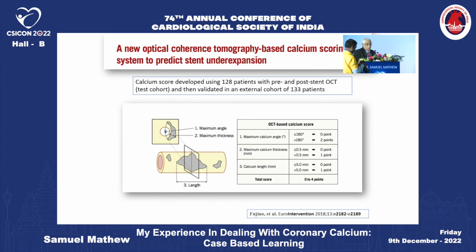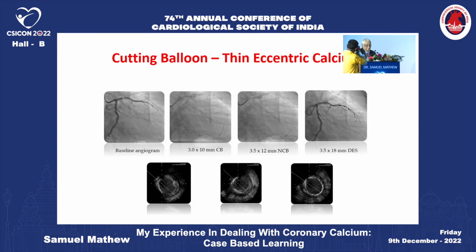In OCT also, we have a similar scoring mechanism. Higher the score, we need some device to modify the calcium, is something which we have learned over the last so many years. There are situations where we can have calcification, but we may not need anything more than a balloon.